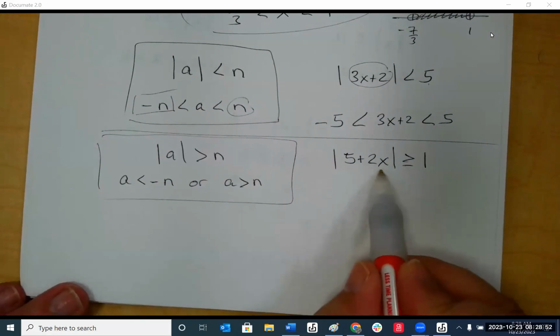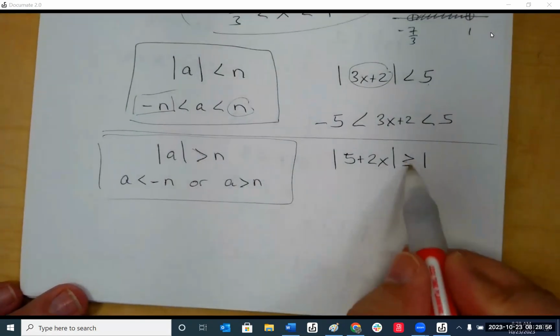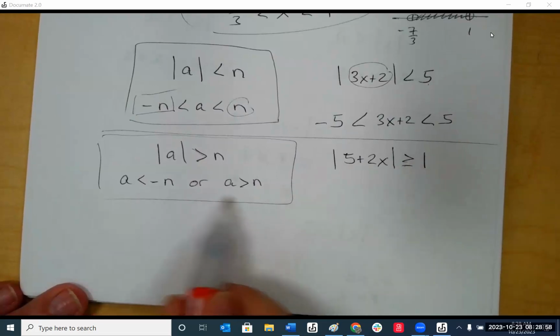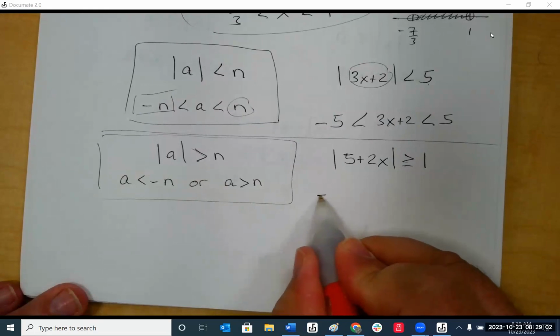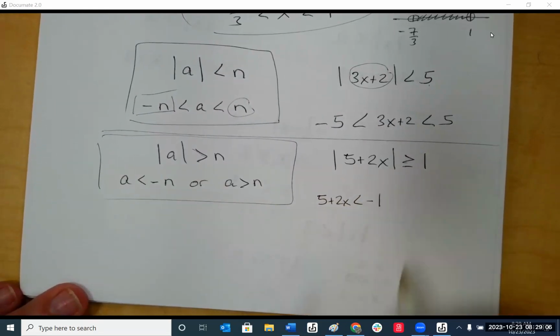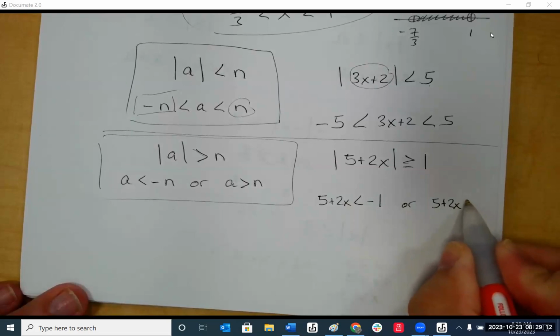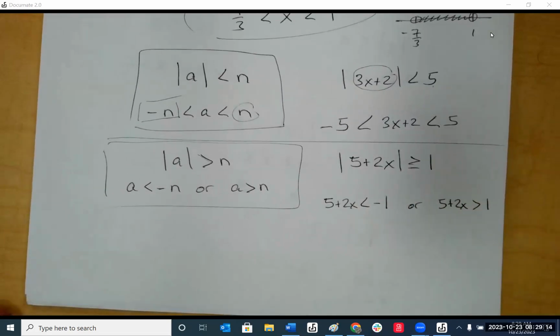Again, whatever's inside the absolute value sign is the A. If it's greater than or greater than or equal to, then we use this formula. So we have 5 plus 2x is less than negative 1, or 5 plus 2x is greater than positive 1. That's what this says.